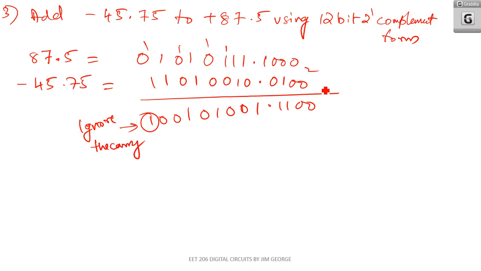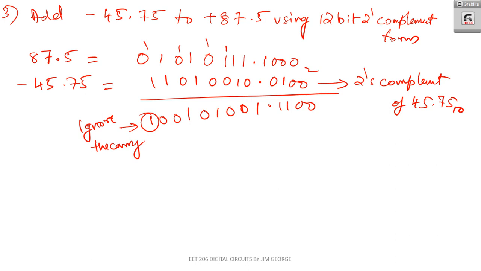This is basically the 2's complement of 45.75 to the base 10. That means first you need to convert it into binary, then find the 1's complement and add 1 to it. Okay. That step you have to do yourself.